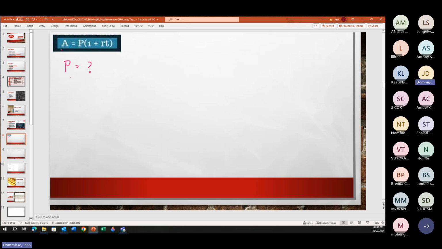Okay, so to make P the subject, all that we're going to do is to say, well, on the right-hand side, I need to get rid of the 1 plus RT. So I will divide on both sides with 1 plus RT.